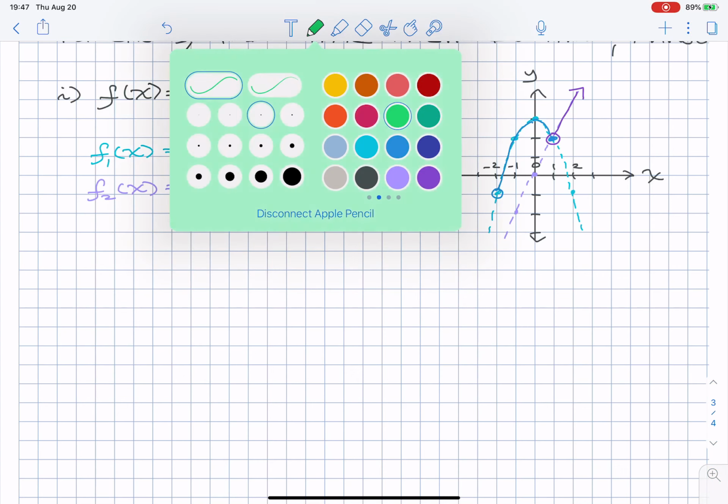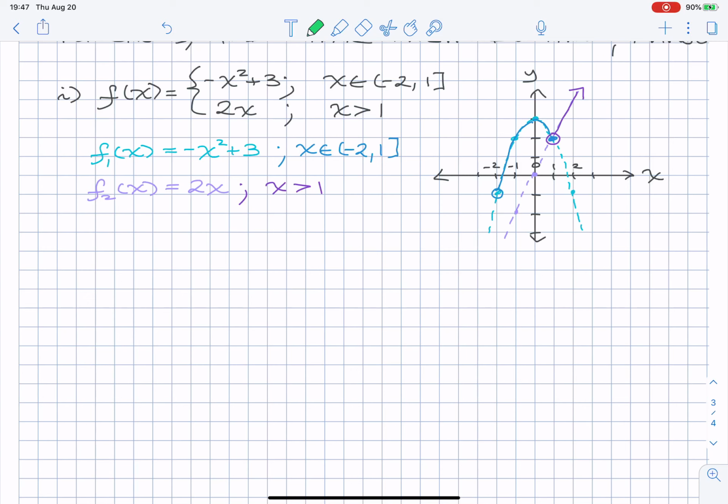But now what is the domain? If I project to the x-axis, it looks like it's everything to the right of negative 2. So I claim the domain of this function does not include negative 2, but goes all the way to the right because of that arrow.